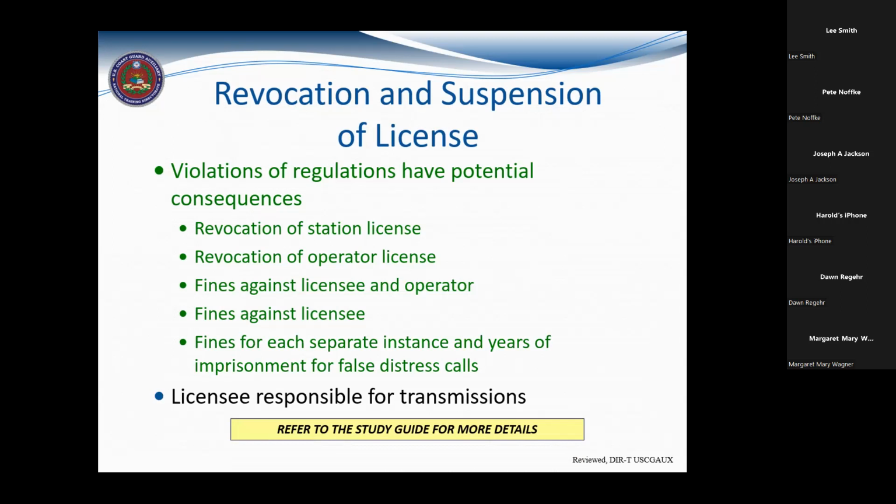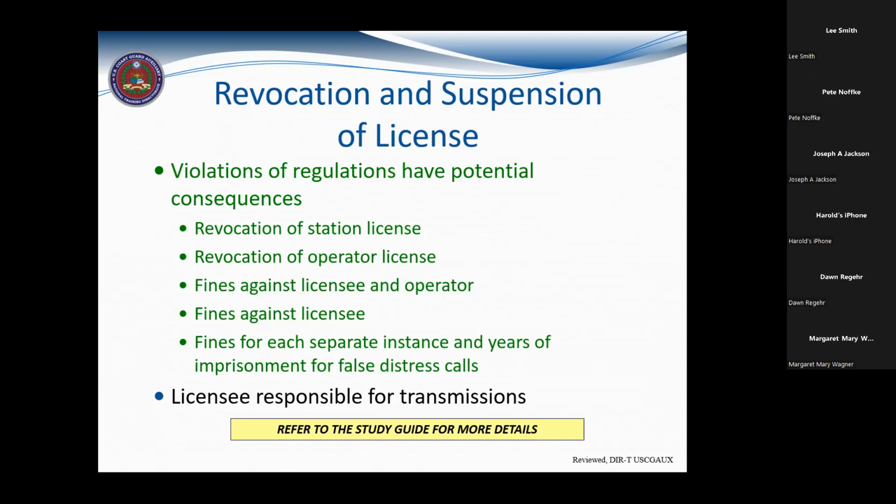The licensee is responsible for transmissions. The book talks about the situation of what happens if a radio is in a general location. Licensee still needs to maintain control. So you don't have passengers picking up the microphone and talking like the kids that were on the radio not too long ago.